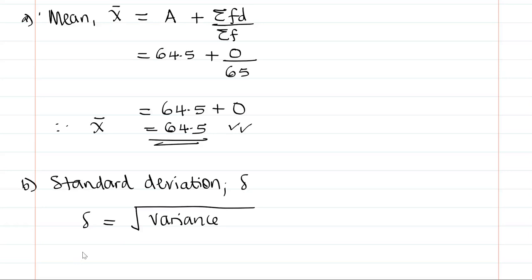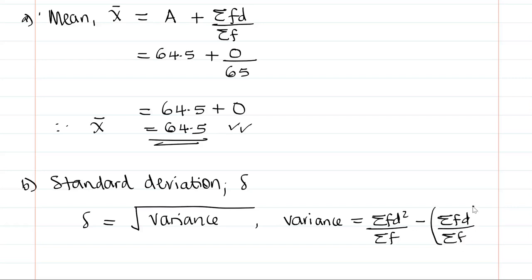Now the variance has a formula. That variance equals the summation of FD squared over summation of F, minus summation of FD over summation of f, but both of these are squared.